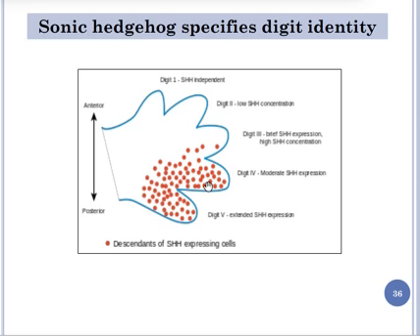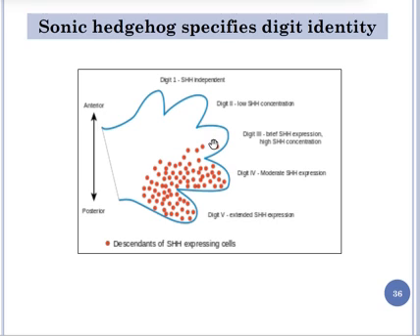So here it's the same idea. We have the zone of digits number 4 and 5. This zone is called the descendants of sonic hedgehog expression. These cells will express sonic hedgehog in an autocrine way.